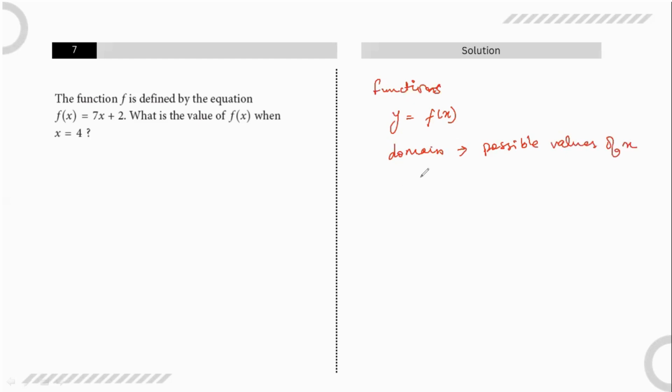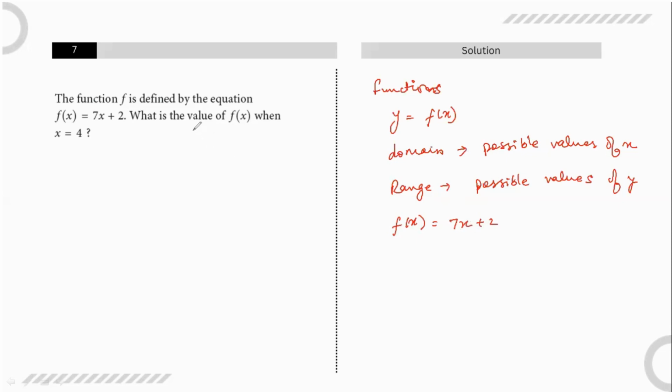And what is range? Range is nothing else but all the possible values of the variable y. So coming back to the question, there is a function f(x) that is 7x plus 2.